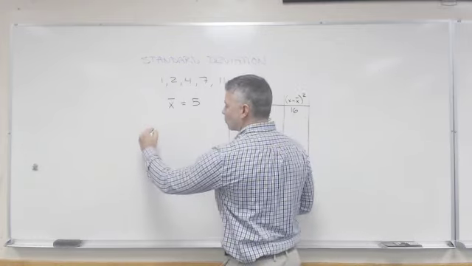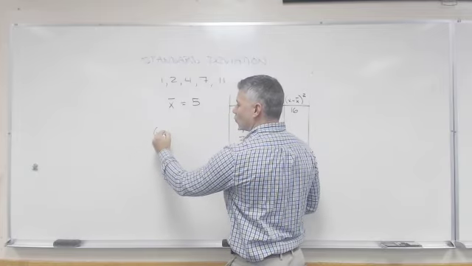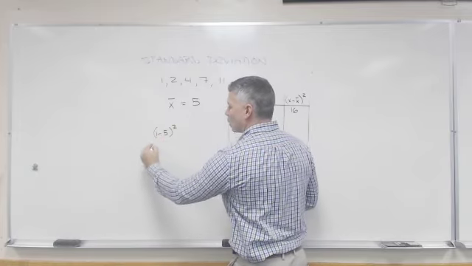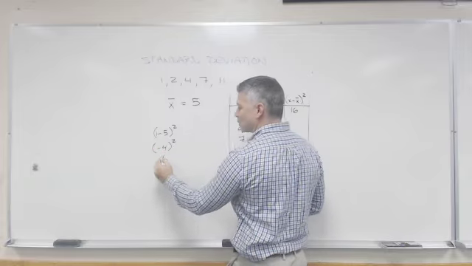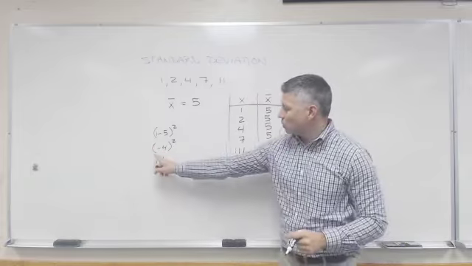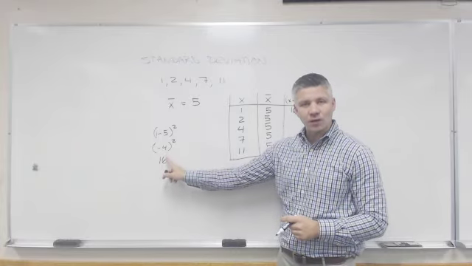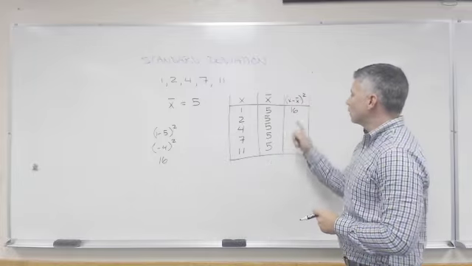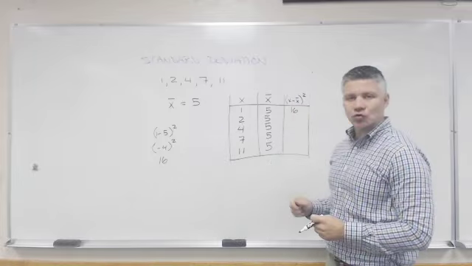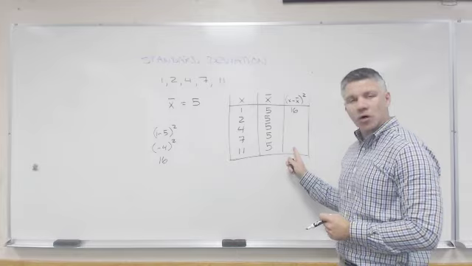And again, that's due to the parentheses. If I wrote 1 minus 5 squared, that's negative 4 squared, and that is 16. And in your calculator, you need to have these parentheses around the negative 4 in order to get a positive 16 answer. The reason that we're doing the square is so these numbers are always positive.